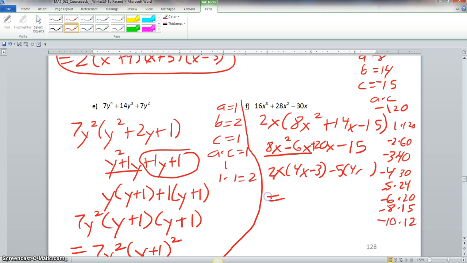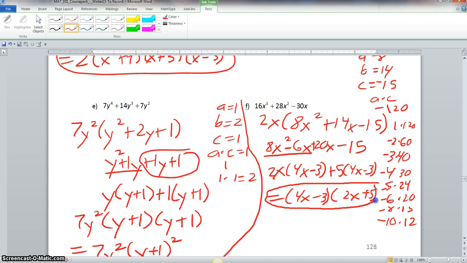So our final answer here will give us 4x minus 3 and 2x plus 5. And that is the final answer here.